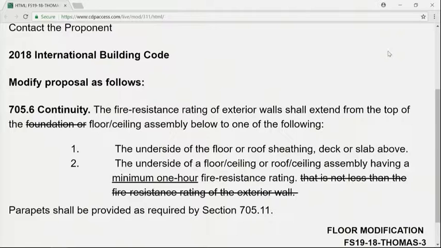And then we had a lot of discussion about item number 2, because the initial one says that the floor that you terminate at, say you're doing platform framing, and you terminate at the rated floor, would have to have the same rating as the exterior wall. We looked at type 3 construction. That would mean that you'd have to do a 2-hour floor. And so we thought that was a little over restrictive, so we pulled it back and just said it has to be at least a 1-hour fire resistance rated floor.